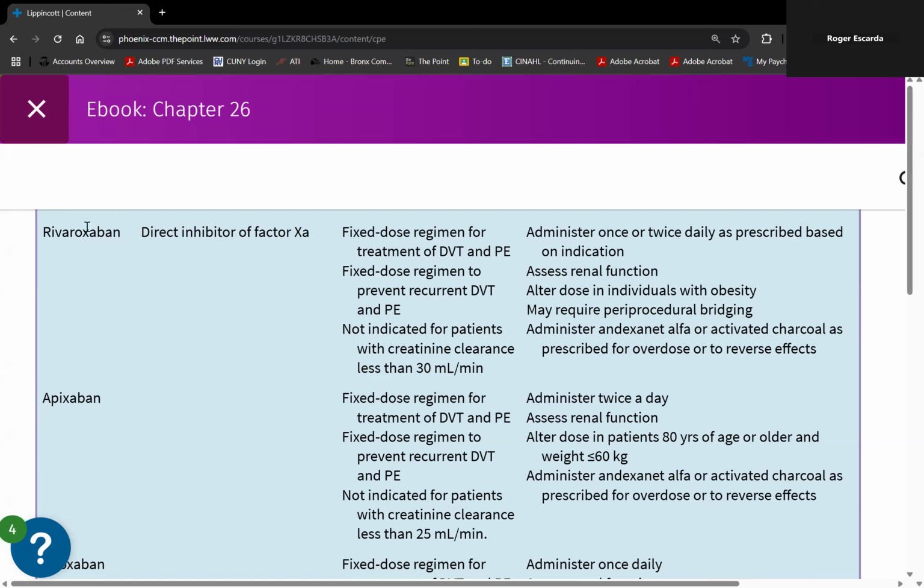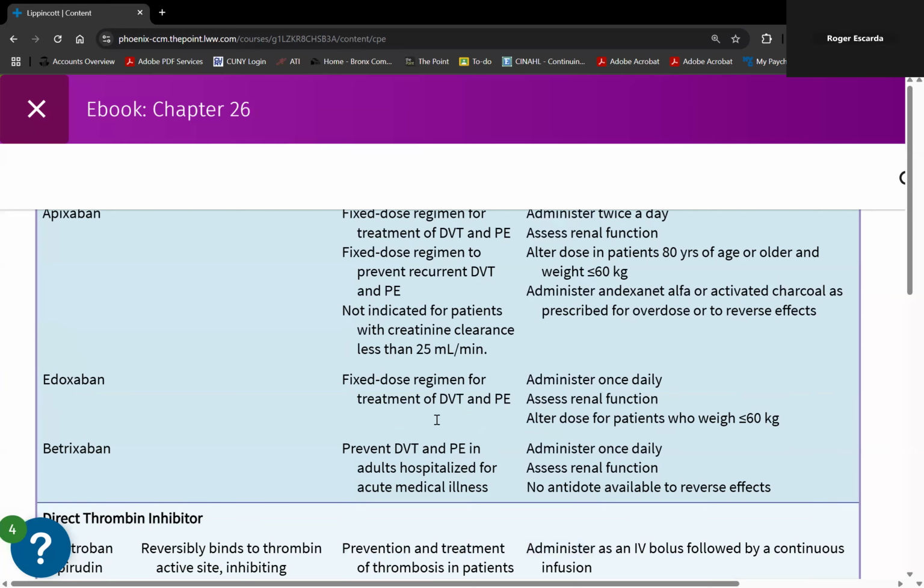Now, for rivaroxaban or Xarelto, it does have one here, andexanet alpha or activated charcoal, but it's not really an effective antidote. Right? I mean, we can try, but these drugs don't really have a natural antidote. Make sense? Okay.